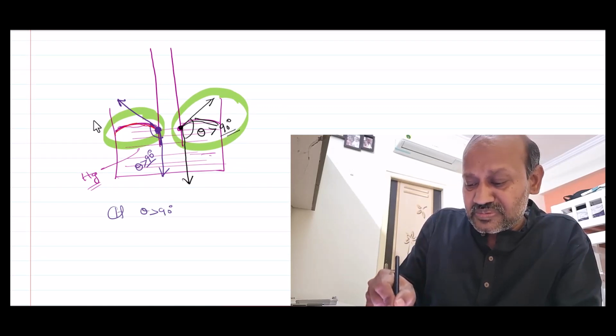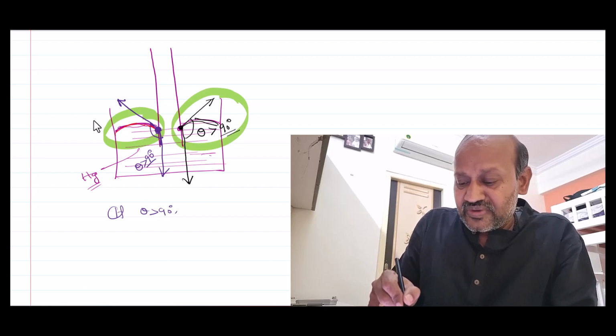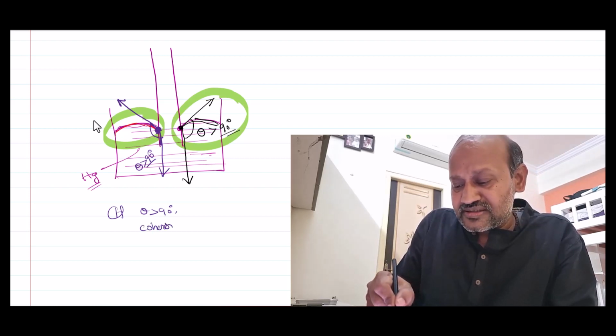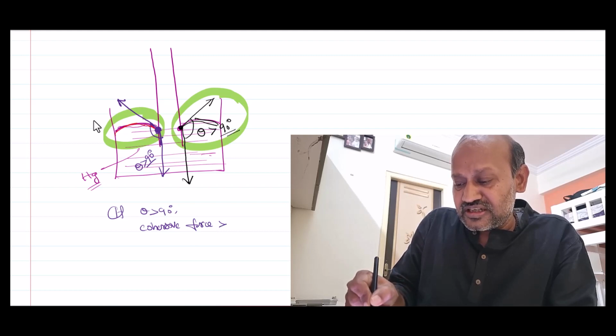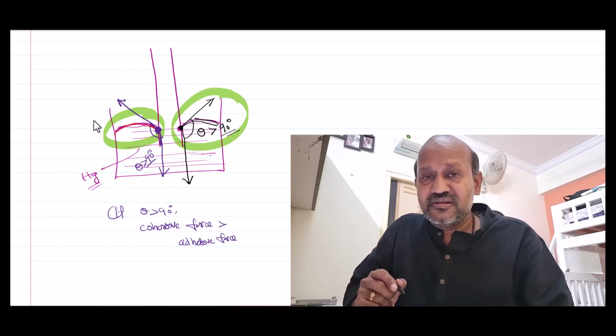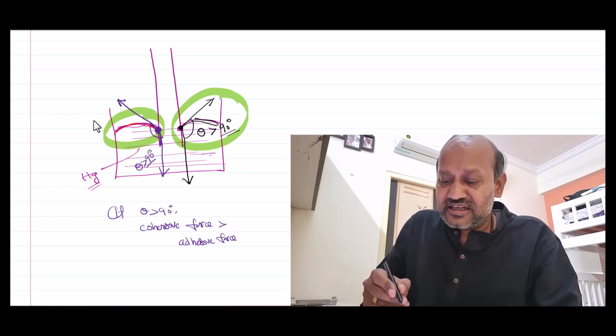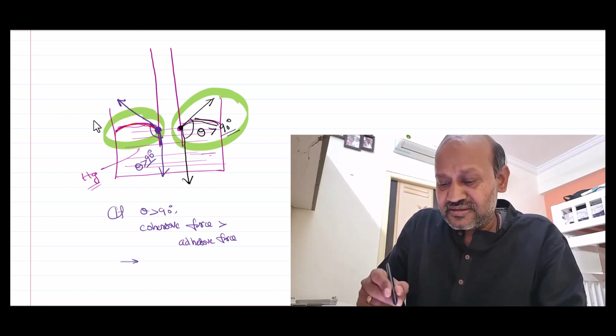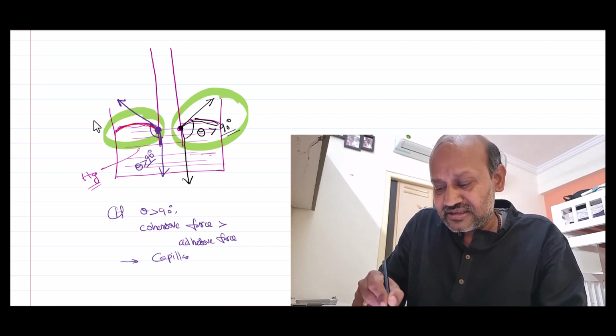Let me try to explain by concluding, right? Here, coercive force of attraction between the molecules is greater than adhesive force between the molecules of liquid and as well as the container. Because of this, there won't be a capillary rise, rather in that there will be a capillary fall.